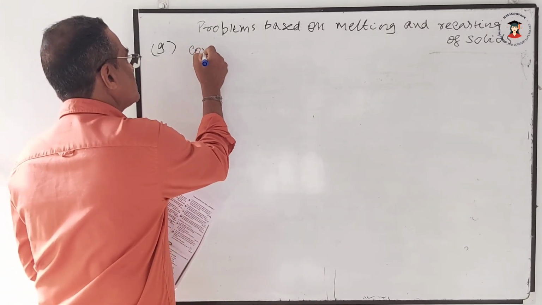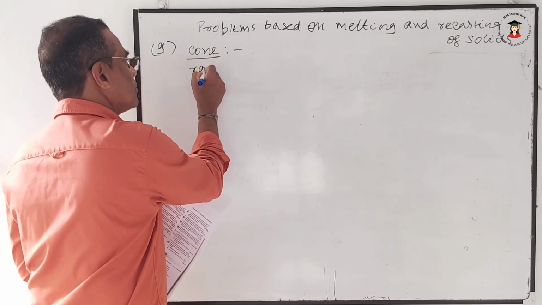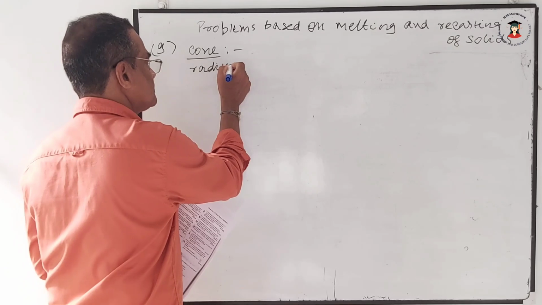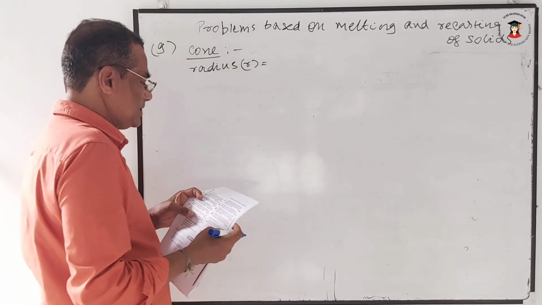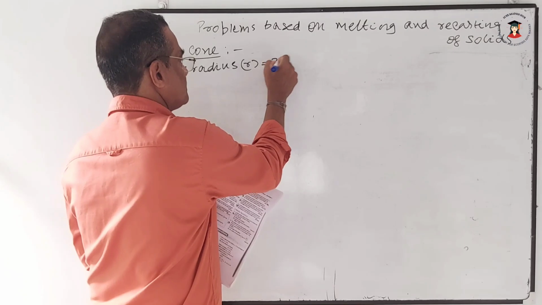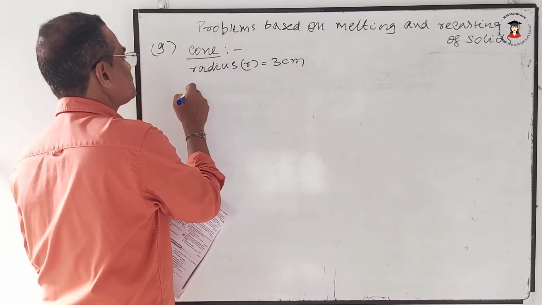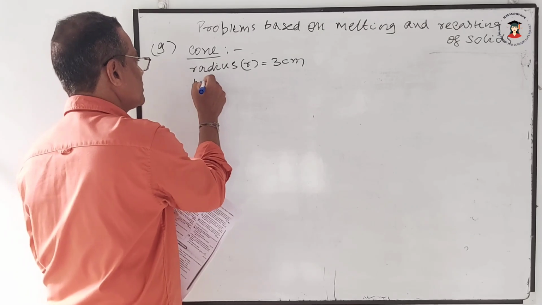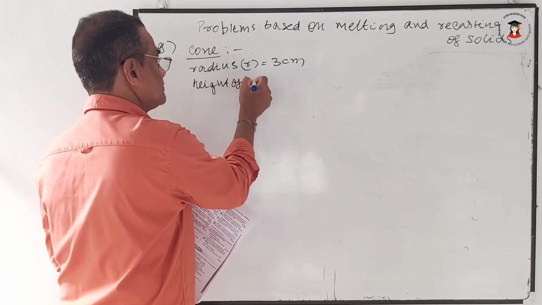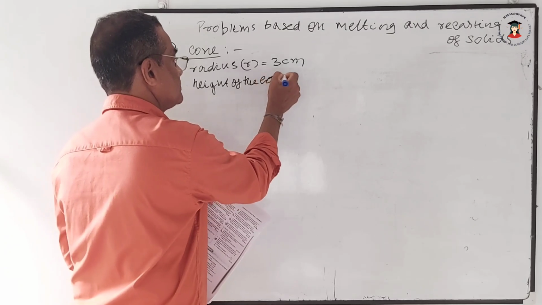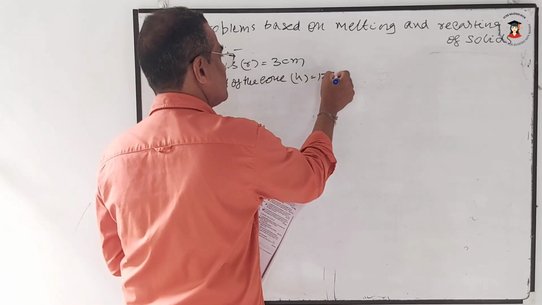First, cone. Radius r of the cone is 3 cm. Height of the cone, h is equal to 12 cm.